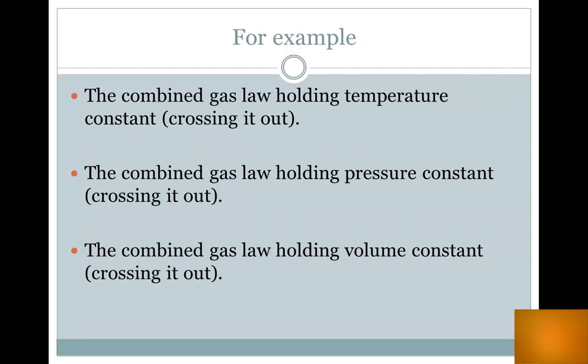If we take our combined gas law, which is pressure initial, volume initial, divided by temperature initial, equals new pressure, new volume, and new temperature, and we hold temperature constant, meaning if temperature is not changing, we can kind of ignore it. You'll notice we now have P1 V1 equals P2 V2. Whose law was this?